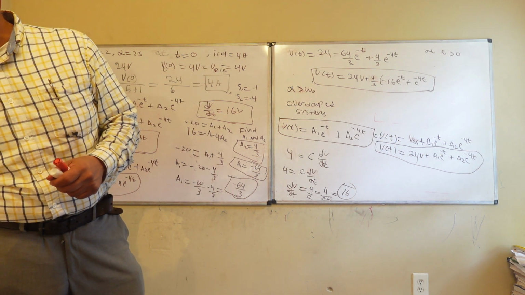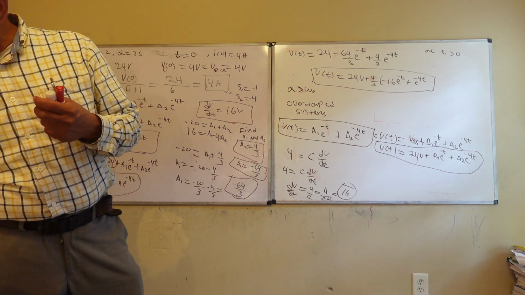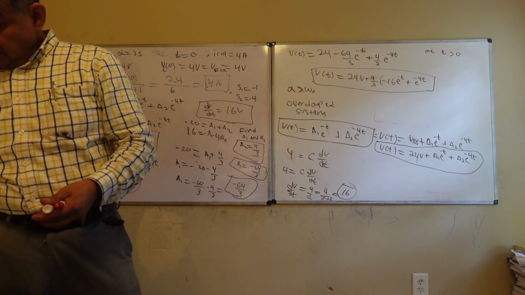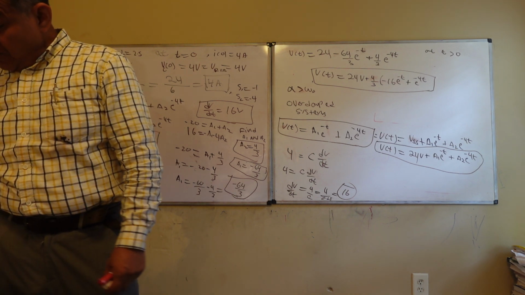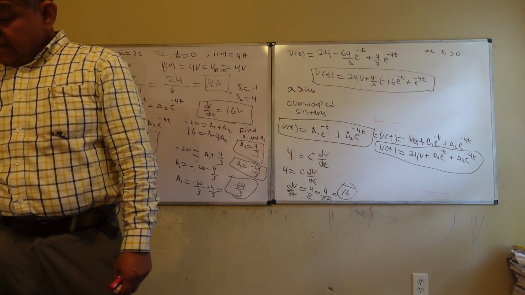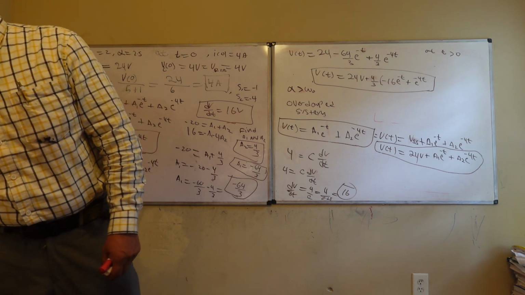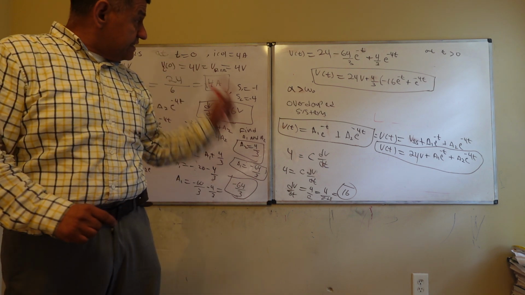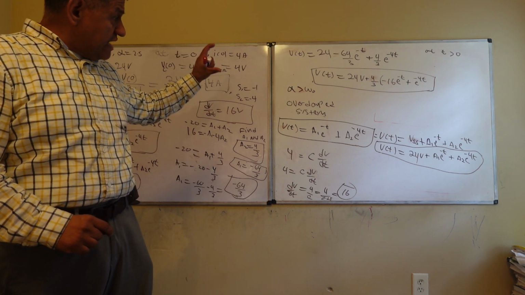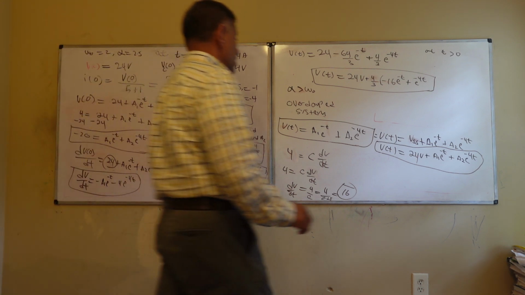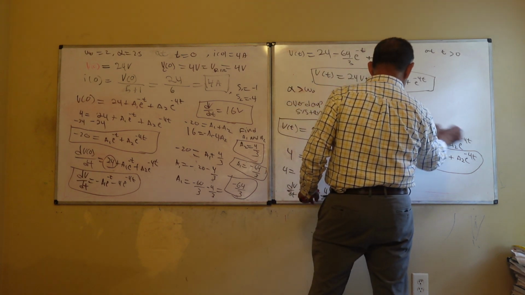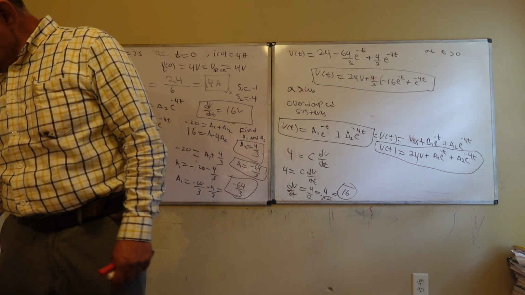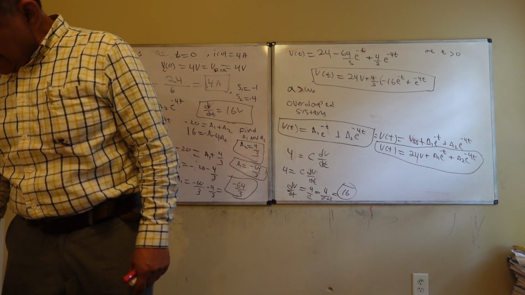We simply noticed that the capacitor was 0.25 farad, and the current, when it's considered at the steady state, was 4 amps.